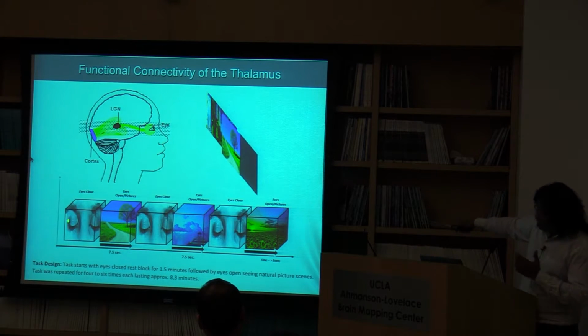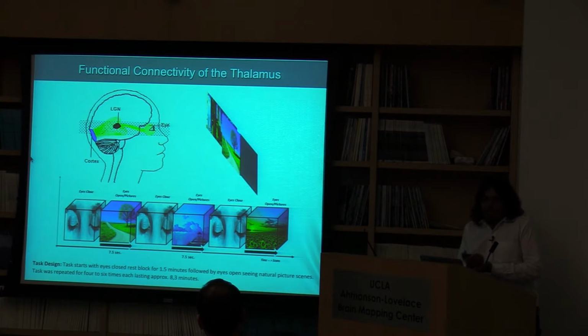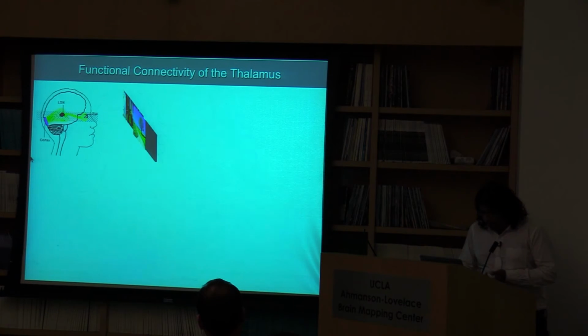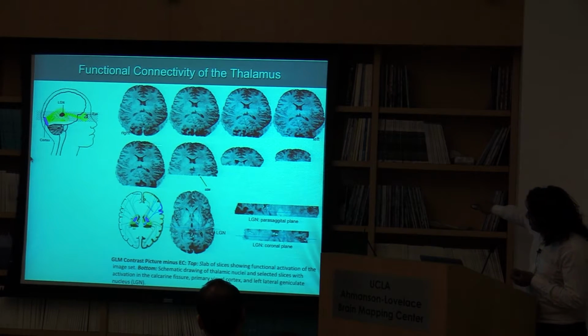The task paradigm was a standard block design: eyes closed, natural pictures, eyes closed. Then we performed a standard univariate GLM. The results are shown here for the differential contrast of picture minus eyes closed. You can see the visual cortex is activated, calcarine fissure, primary visual cortex, and also the LGN.